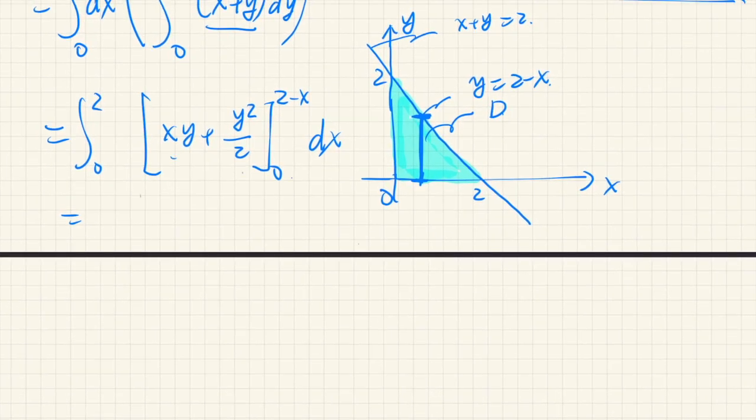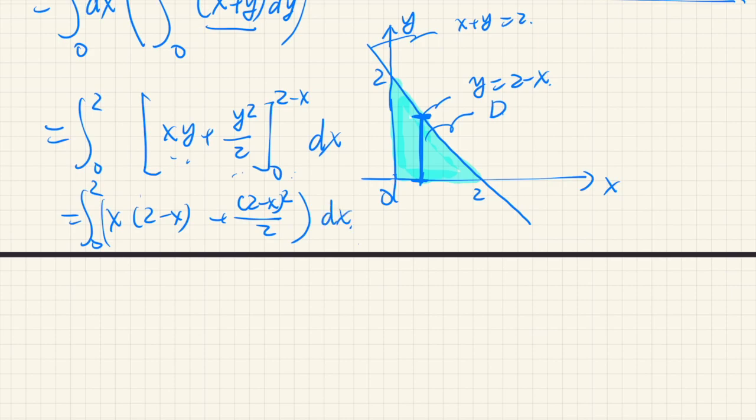This is x times 2 minus x plus 2 minus x squared over 2, and when y is equal to 0, this is 0. So that's it, and dx.